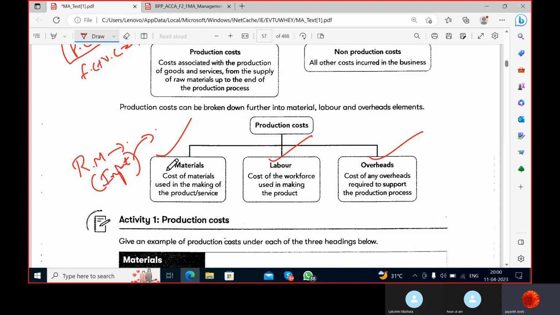When you buy raw material for the production process, which has to undergo some processing and then you get the final product, you are paying some money or incurring some cost for buying that. So that can be termed as material cost. I am speaking from the perspective of a manufacturing concern, not from the perspective of a trading concern.